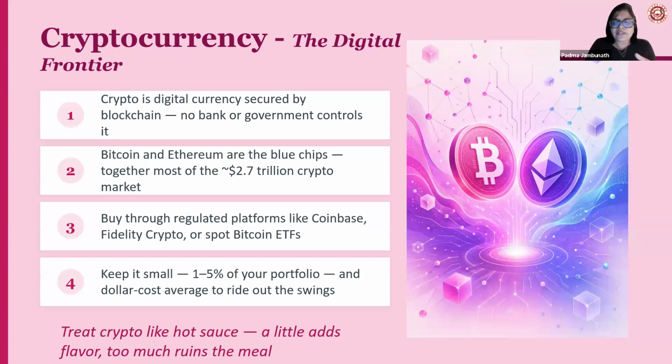Start with Bitcoin and then use blue chips that together make up most of the market. Use regulated platforms, because you cannot buy real-time Bitcoins other than ETFs and things on the market. But if you want the real thing, then you go to Coinbase, or some of the platforms that some of the companies offer.